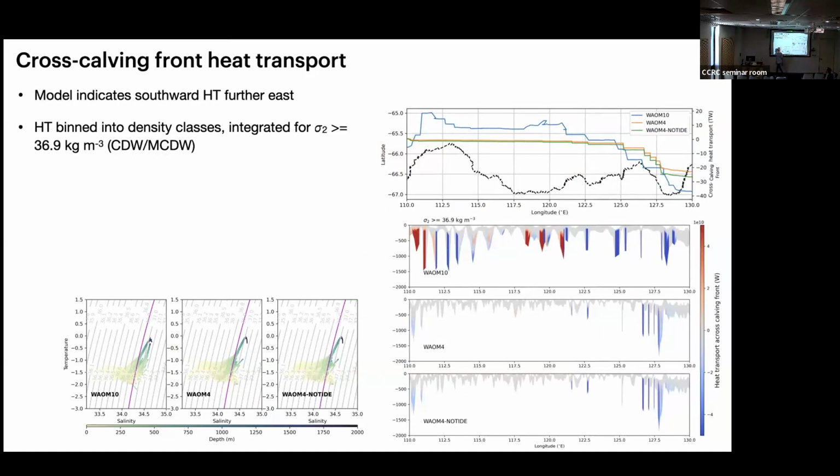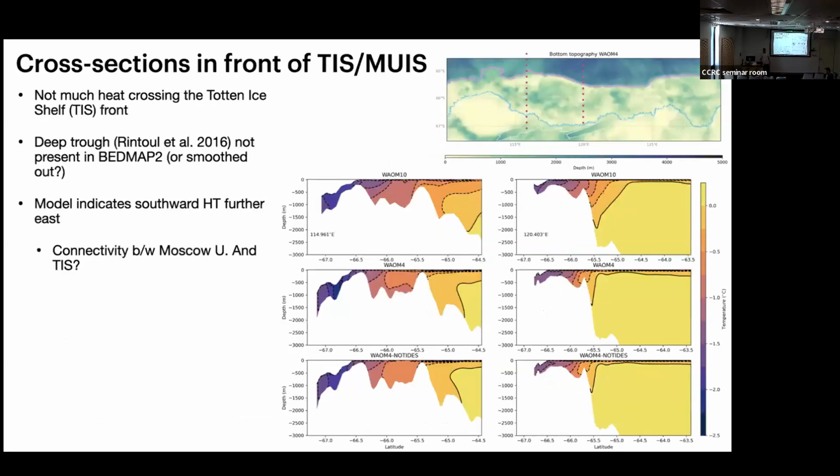I'm not sure why, but I think it's just the representation of the ice shelf. You can also see from these cross sections the depth. This is the ice front in the 10 kilometer, and this is the depth of this seamount here. I guess this is much shallower. So this kind of stuff reflects on the result.